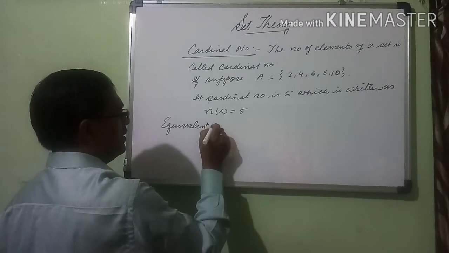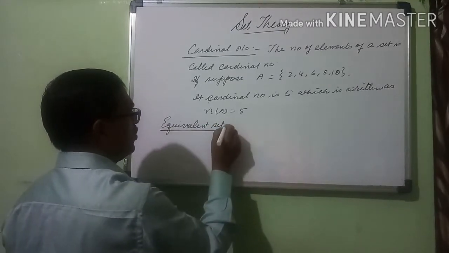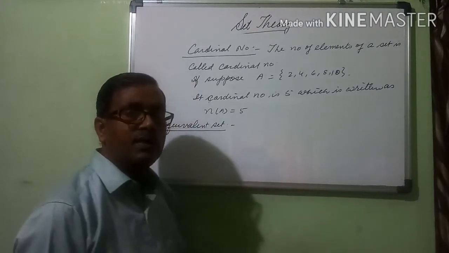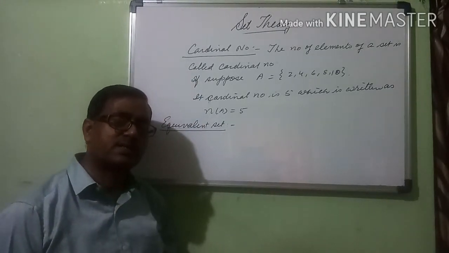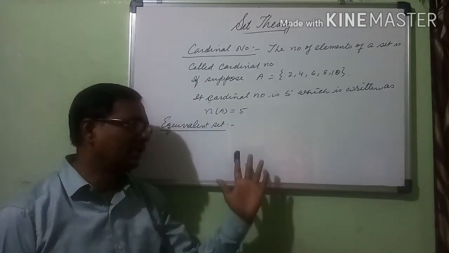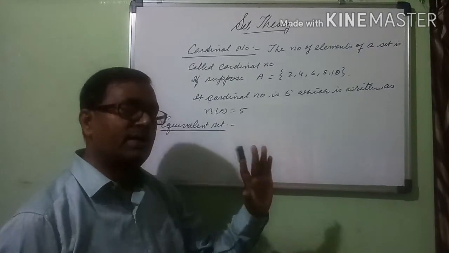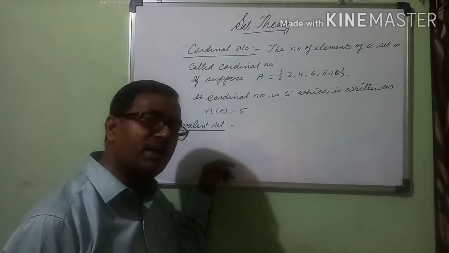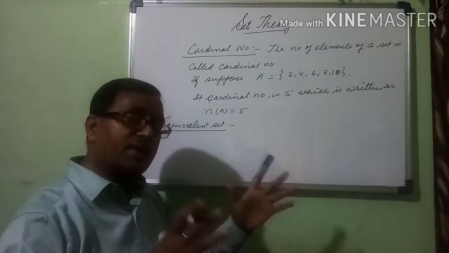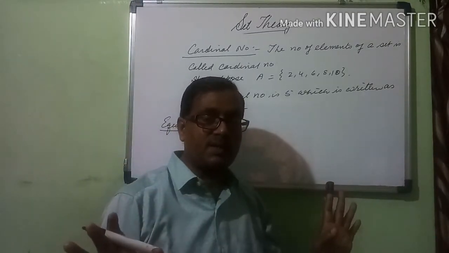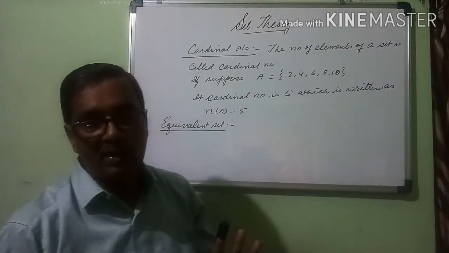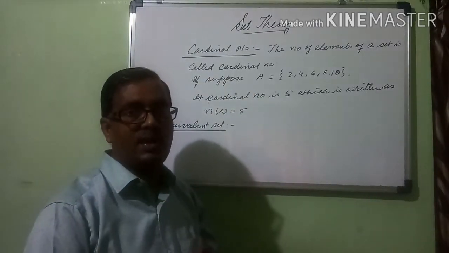Equivalent set. What is called an equivalent set? Suppose A and B are two sets, and set A contains 10 elements, set B contains 10 elements. Whatever the elements are, it doesn't matter. Whether they are equal or not, we can't say. But the number of elements must be the same.